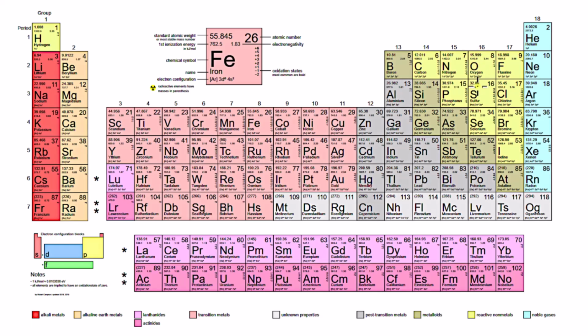So if you're specifying a specific atom, then you need to say, okay, you have the element oxygen, and then furthermore specify the isotope, because oxygen 16, oxygen 17, and oxygen 18 are different atoms.